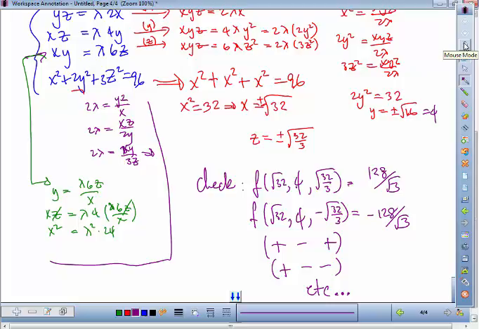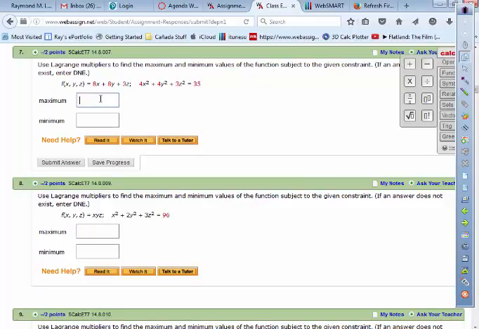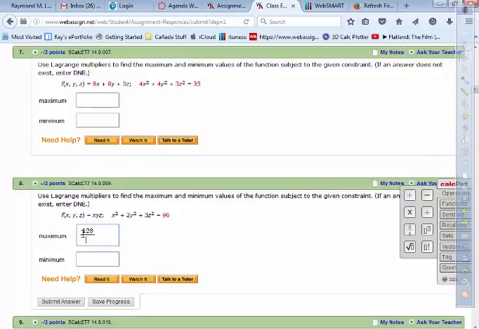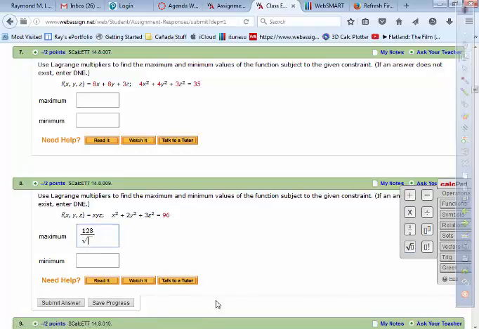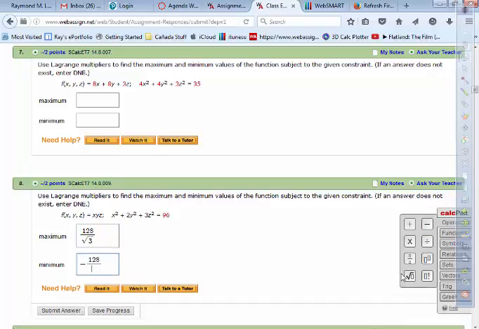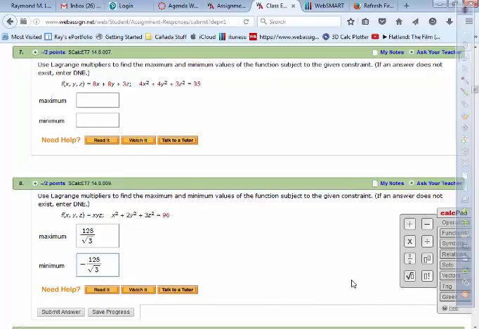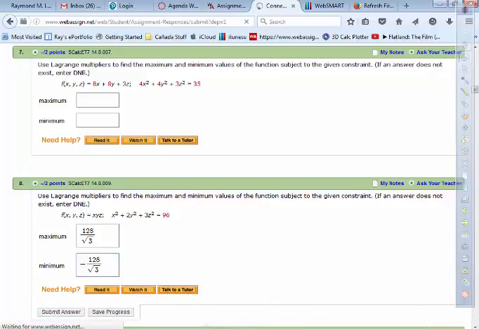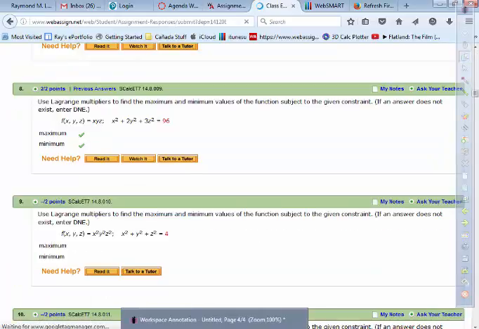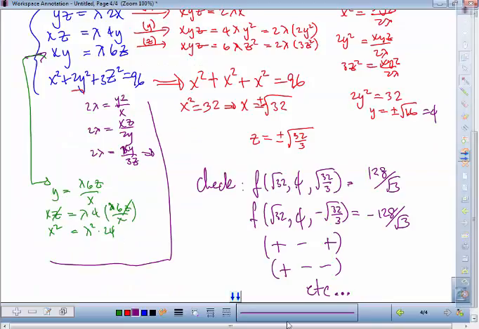Let's check. 128 over root 3. Oh, shoot. Okay.